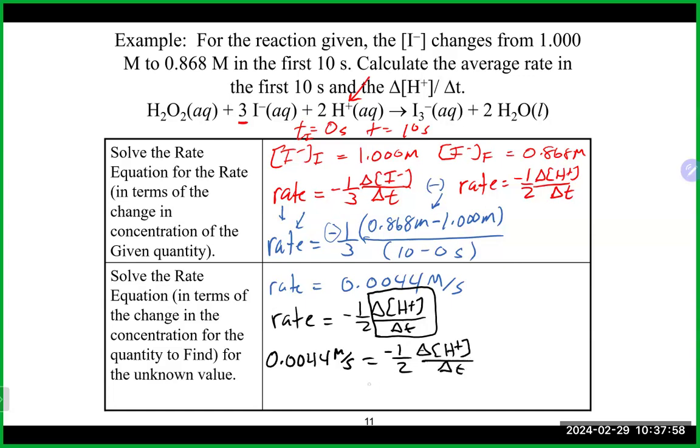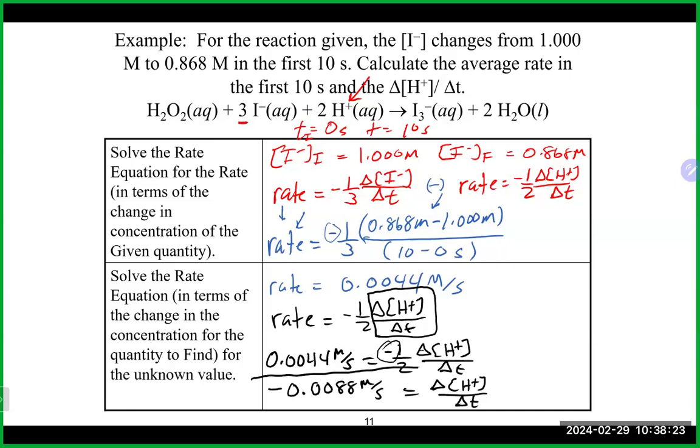I need to multiply 2 to the other side. In addition to the 2, what else should I multiply to the other side? The negative, right? So negative's got to go over to the other side. And that's going to give me a negative 0.0088 molar per second is how the H plus is changing over time.